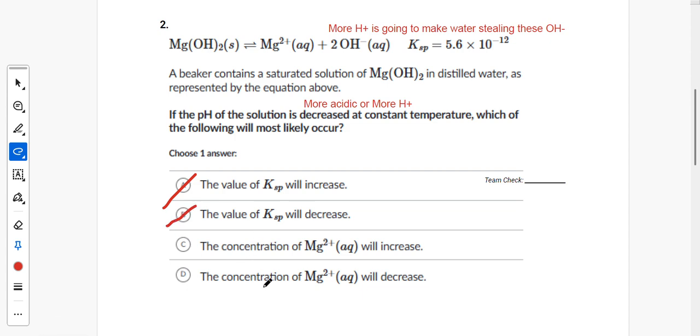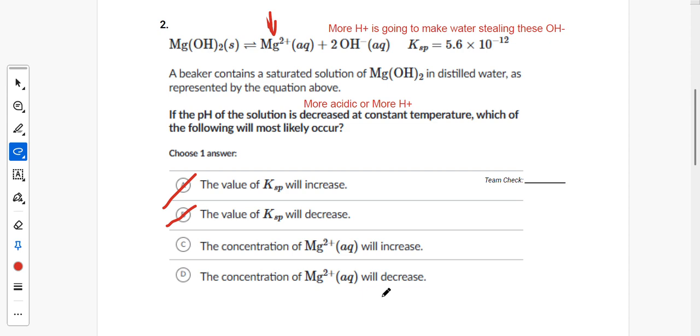So now it's got to be either the concentration of magnesium ions, as a product. Once we remove the OH, are we going to make more products? Is the reaction going to shift to the right and make more products? Or is it going to shift back to the left and make more reactants? So what we're looking for is this magnesium ion. Is it going to increase or decrease?